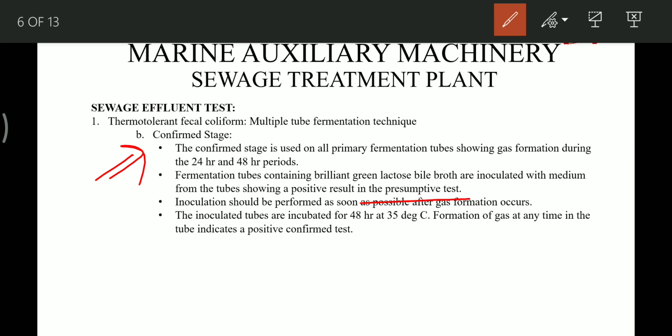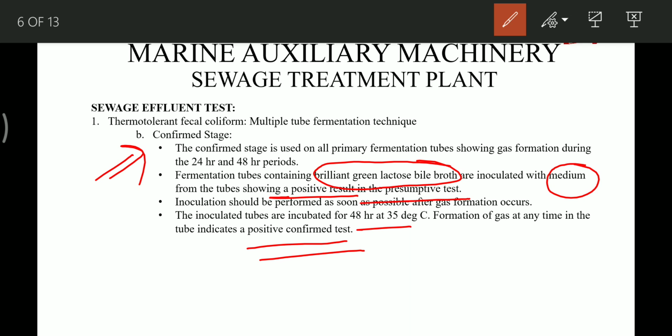So basically, in this brilliant green lactose bile broth, the medium is mixed from the test tubes which were showing the positive results, and then they are incubated for 48 hours at 35 degrees Celsius, and formation of gas at any time in the tube indicates positive confirmation.